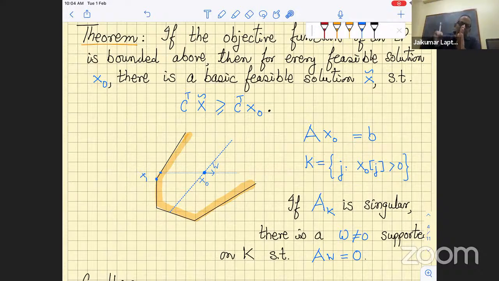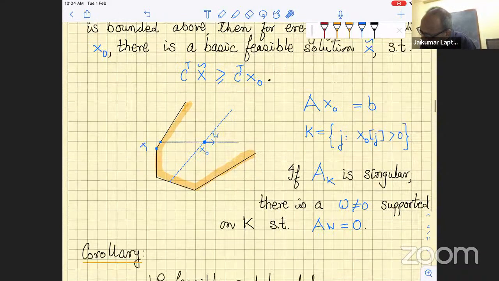That is, the columns that you had, we don't know how many of them, happen to be linearly dependent. That means if we restrict ourselves to the matrix corresponding to the columns where x0 has a positive value, this is a singular matrix. That means there is some dependency between the columns.